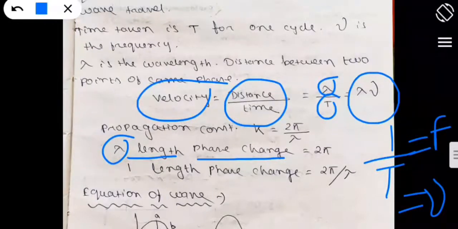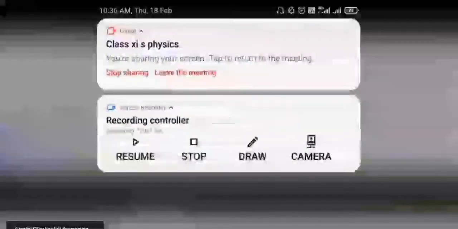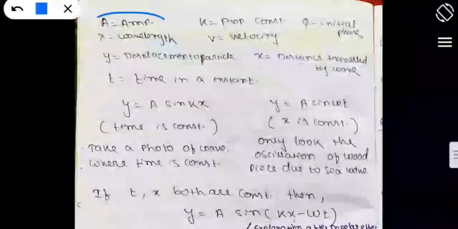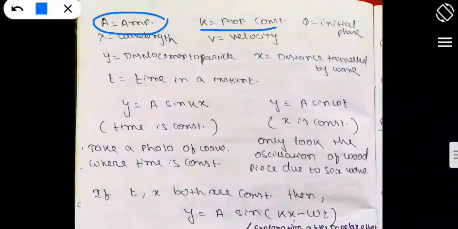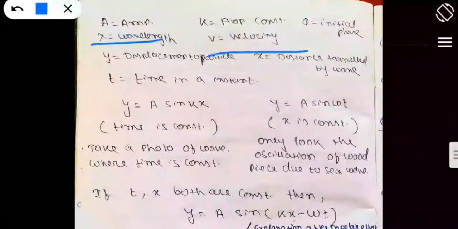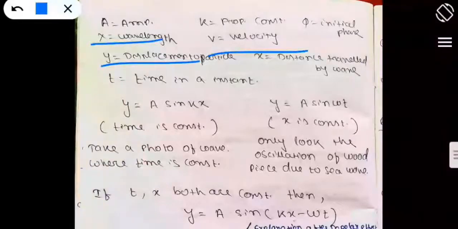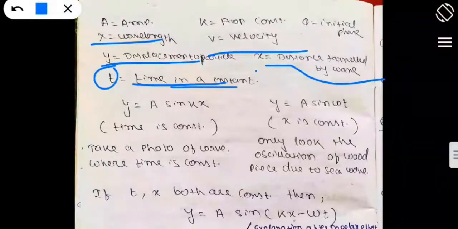Now moving on to the equation of waves. The quantities involved you know: A is amplitude, k is propagation constant, phi is initial phase, which I told you in the beginning of the class, lambda is wavelength, v is velocity, y is displacement of the particle, and x is the distance traveled by the wave in the small time period t, or at the instantaneous time.